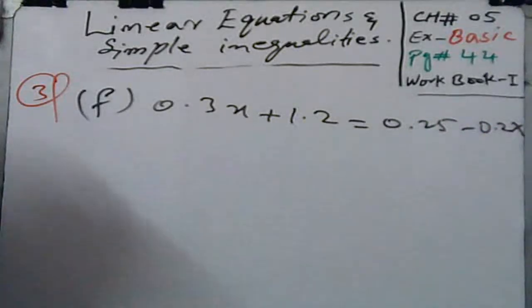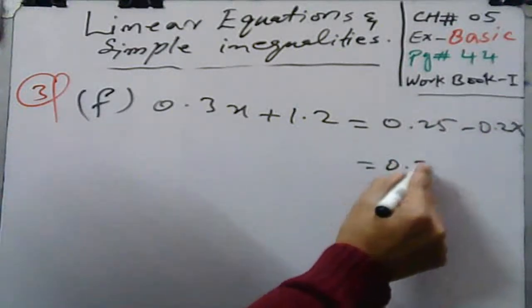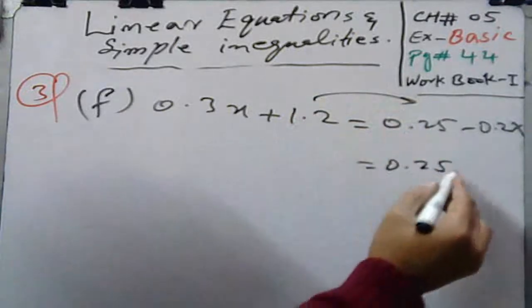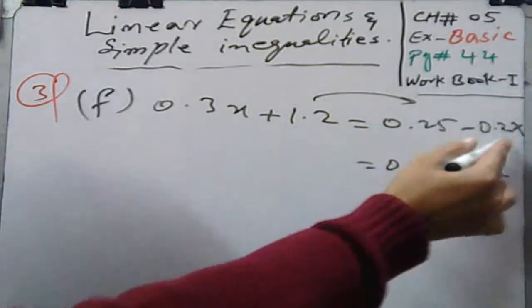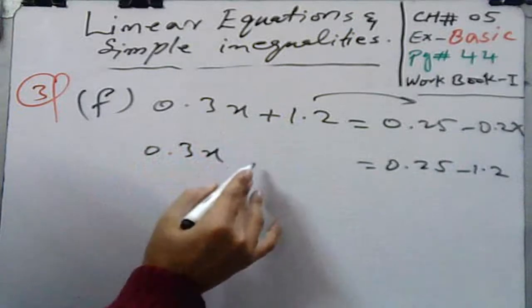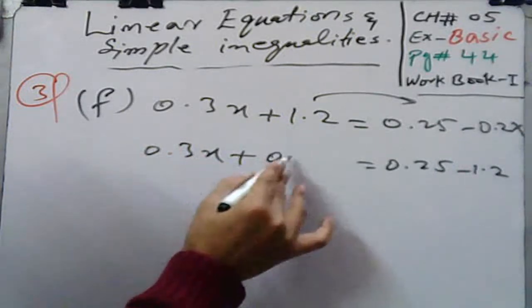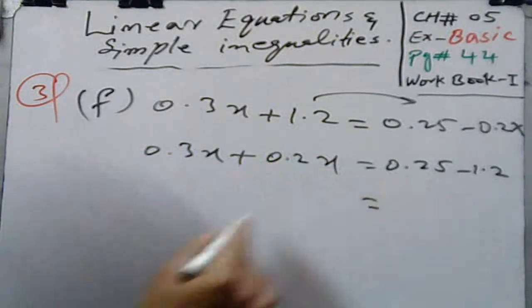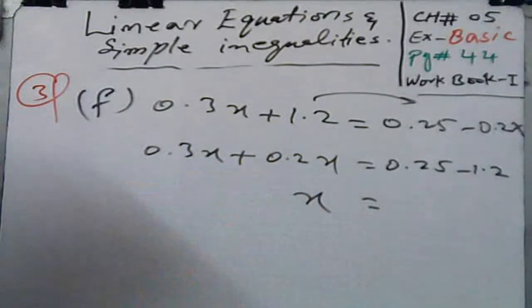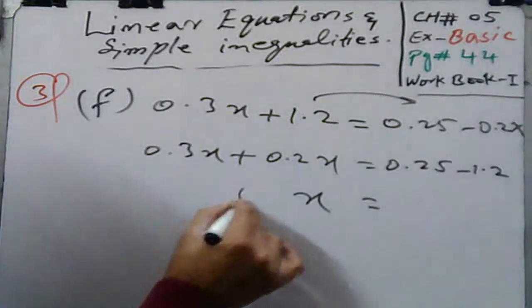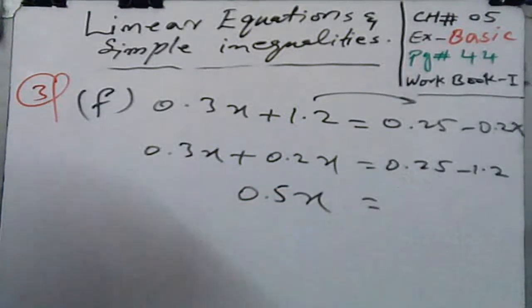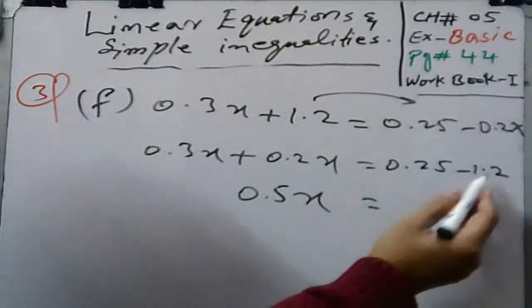The constant value should be shifted to one side, so shift this one, minus 1.2, and the x value shifts to this side, so it becomes positive 0.2x. So 0.2 plus 0.3, you will get 0.5x, and on subtracting you will get the negative sign because 1.2 is the greater value.